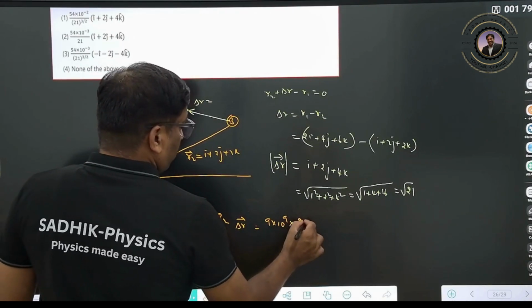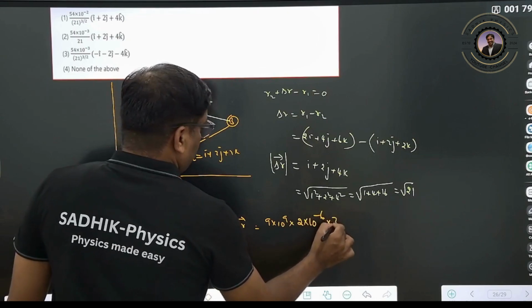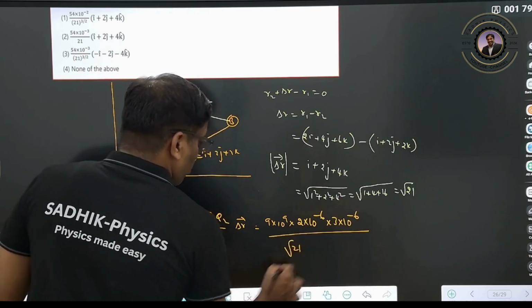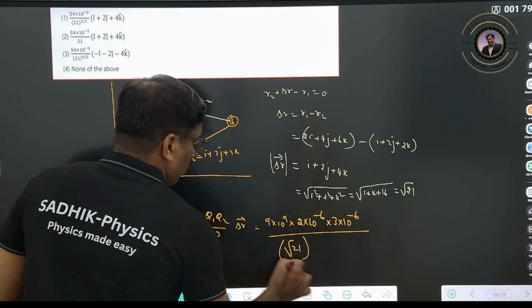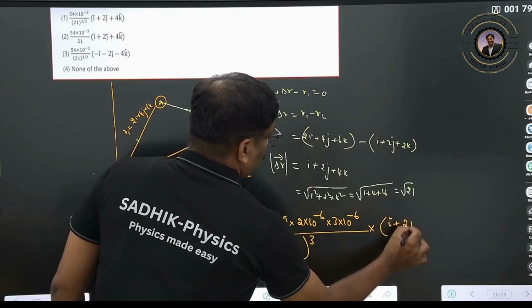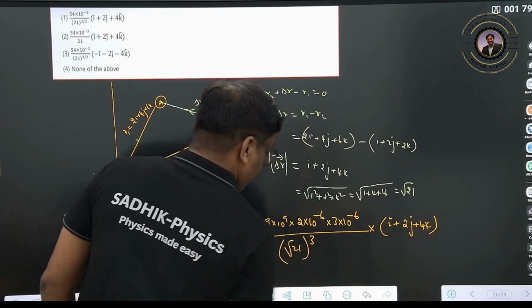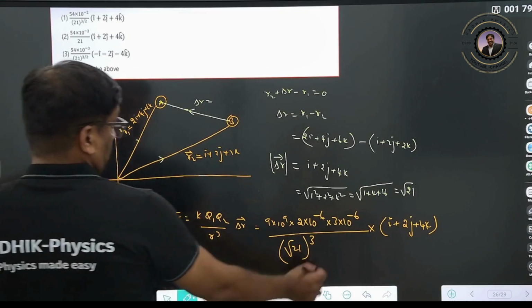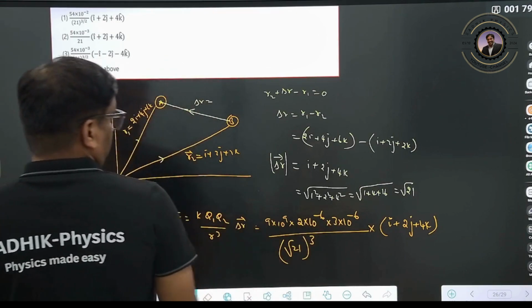So 2 into 10 to the power of minus 6 into 3 into 10 to the power of minus 6 divided by root 21 whole cube into (i plus 2j plus 4k). So 6 into 9, 54.